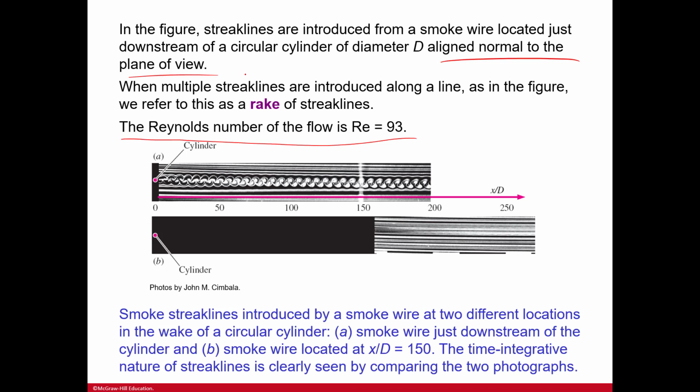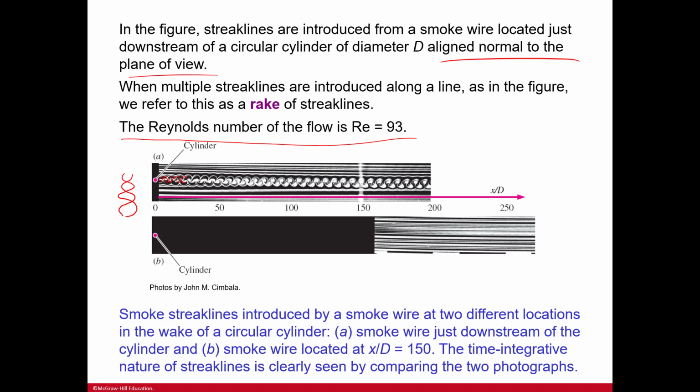Okay? So these are smoke streak lines introduced by a smoke wire at two different locations in the wake of a circular cylinder. So here's the cylinder, and then we have two different streams of smoke, and then look, you can see one, and then you can see the other, kind of like this, if we were to look at it upside down, or the opposite.